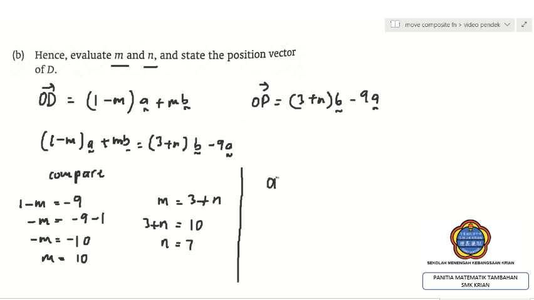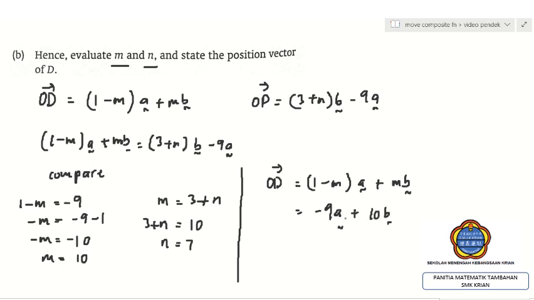Position vector of D. Since we already know the values of m and n, we just substitute. 1 minus m a plus mb is equal to 1 minus 10, which is negative 9a, plus 10b.